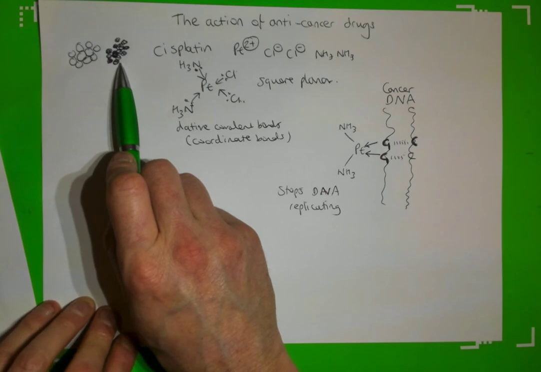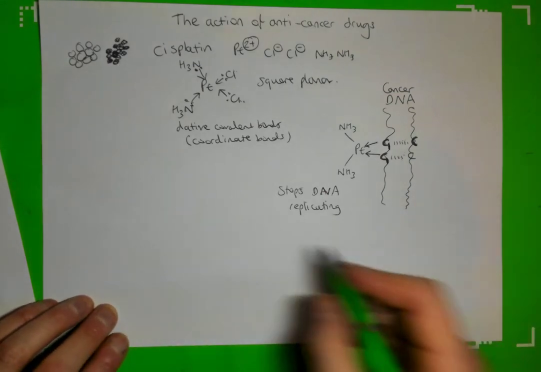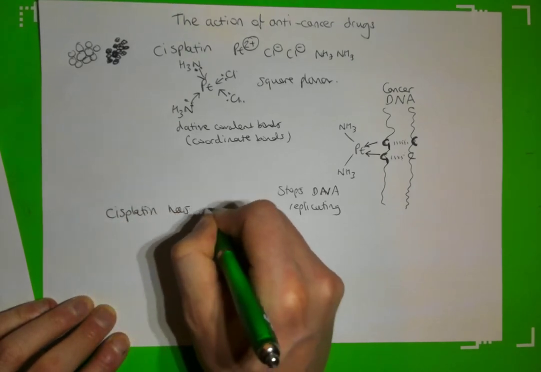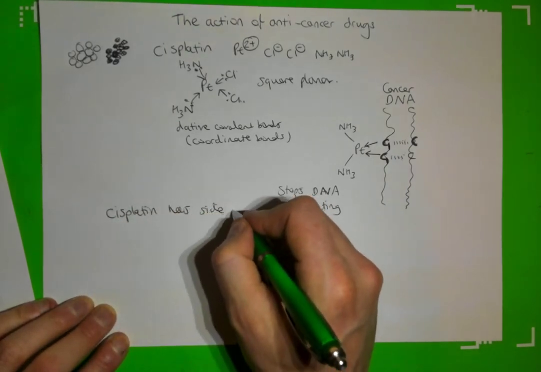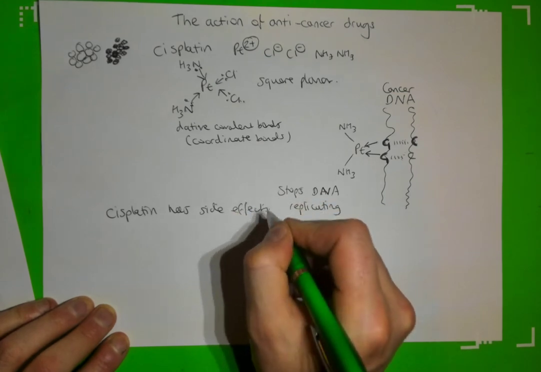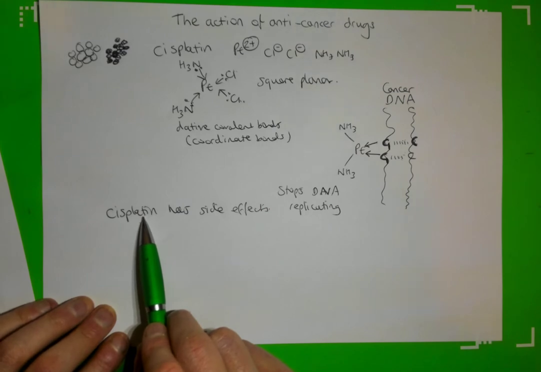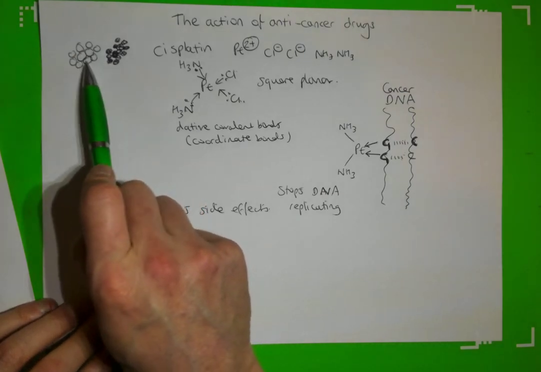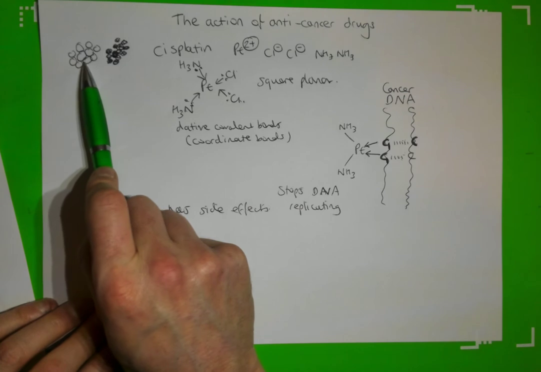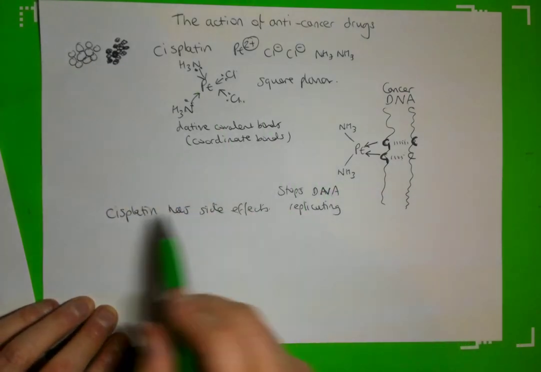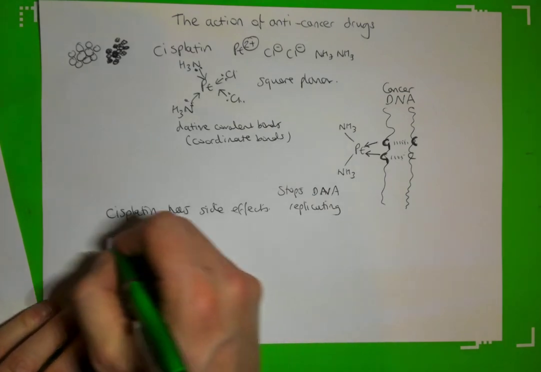However, like all drugs, cisplatin has side effects. And the thing is, cisplatin can actually bond to healthy cells as well as cancerous ones. However, cancerous cells are replicating much faster than healthy ones. So the drug has a greater effect on the cancer cell than the normal cell. So cisplatin has side effects.